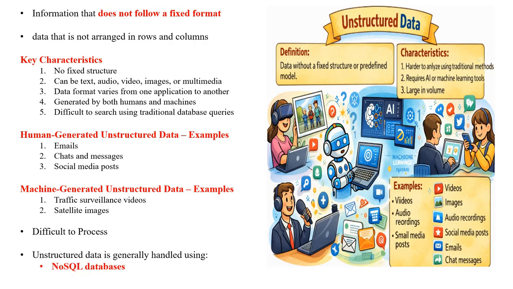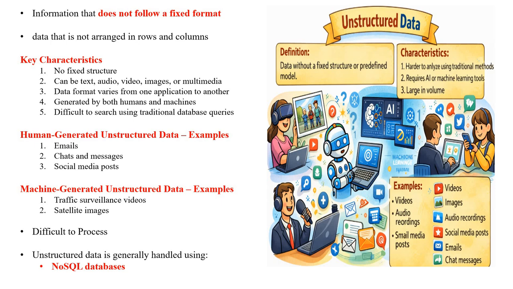Next comes the unstructured data, which refers to the information that does not follow a fixed format or predefined structure. Unlike structured data which uses tables, this data is random and flexible, and it varies depending upon the application and the source.